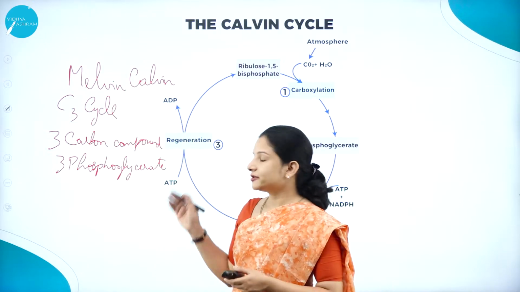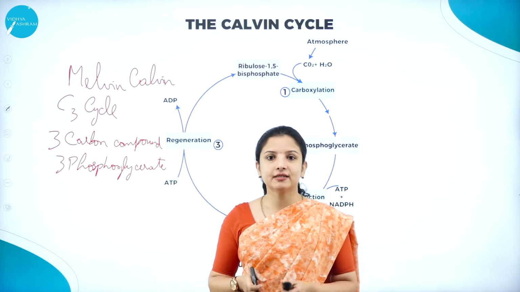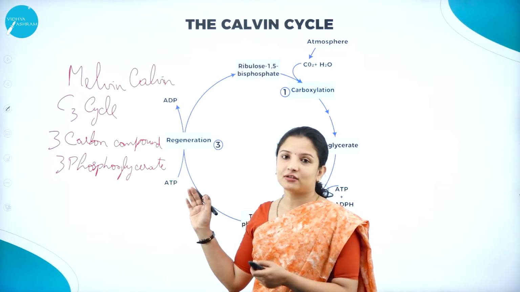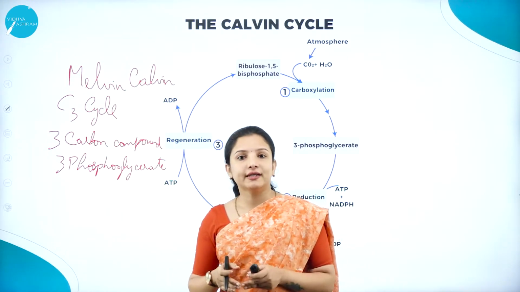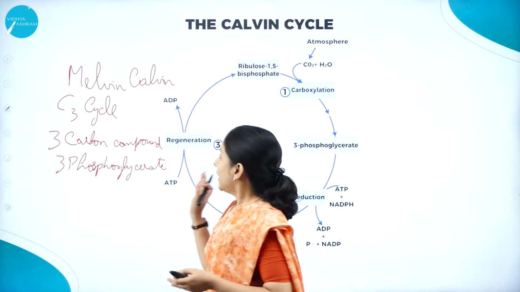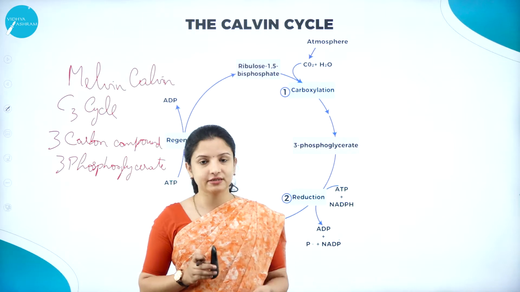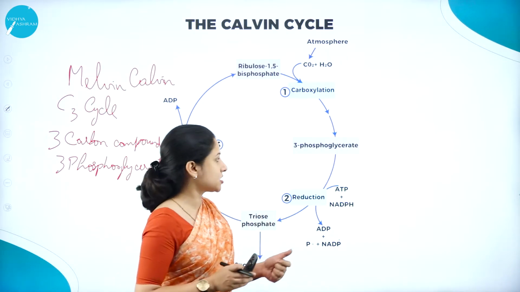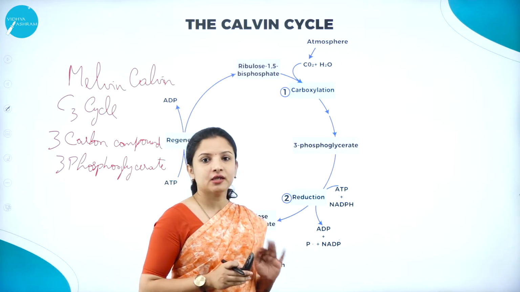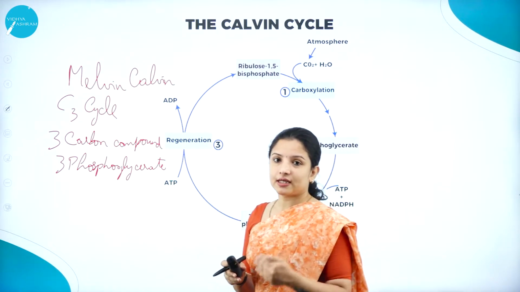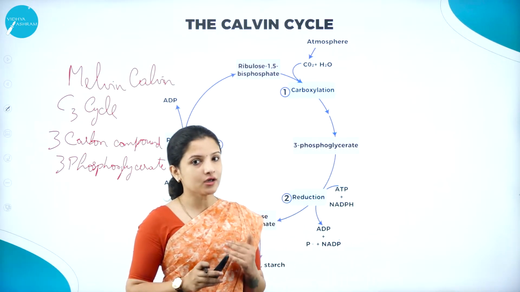That is why it is also called the C3 cycle, and the plants which undergo this Calvin cycle or the C3 pathway are called C3 plants. For easy understanding, the Calvin cycle is divided into 3 steps: carboxylation, reduction, and regeneration. We shall study what happens in each of these steps.